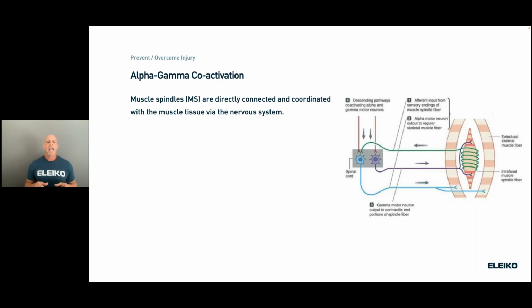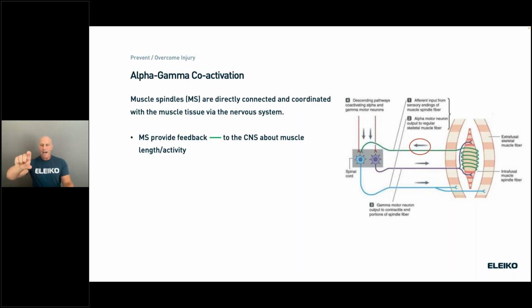And that's what's feeding information to the nervous system. So we can see here that the muscle spindle, which is on the right-hand side, is that little oblong shape with the spiral around it. The muscle spindle provides feedback to the central nervous system about the muscle's length and activity.